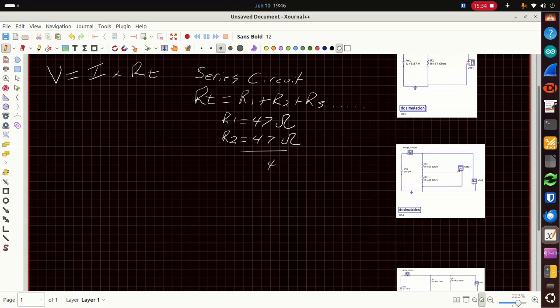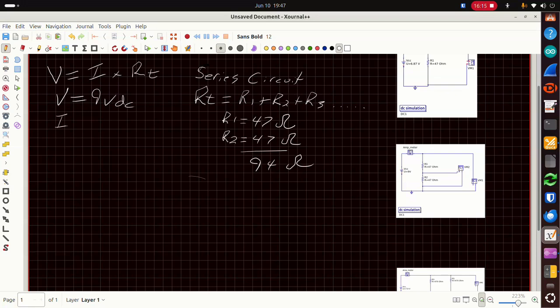Okay, so in this case, R1 equals 47 ohms, and ohms is symbolized by that. That is an ohm symbol. And then R2 equals 47 ohms.